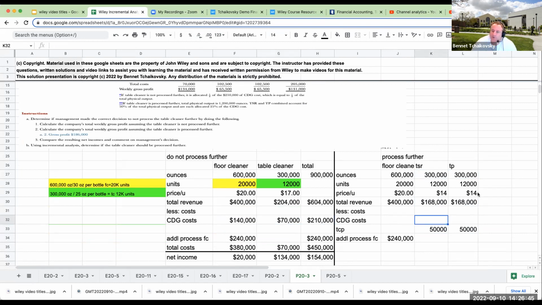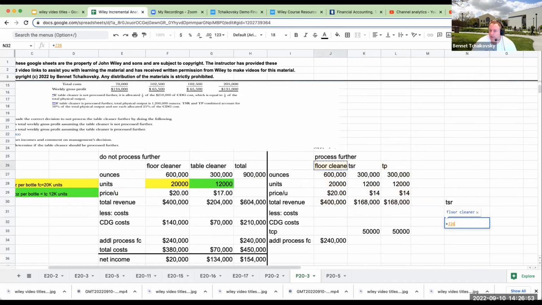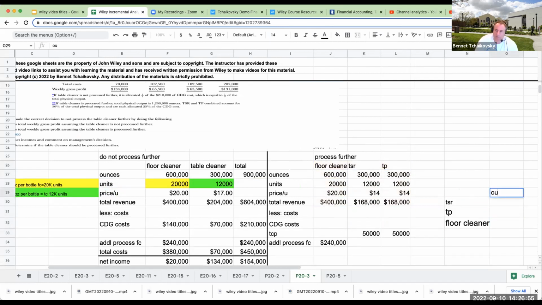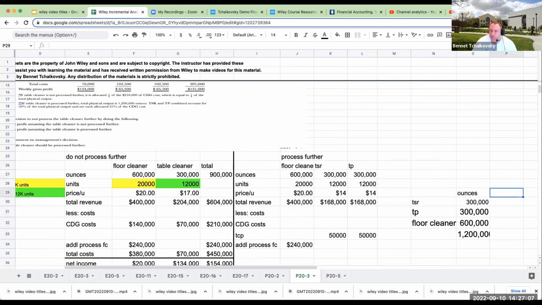What happens over here now is I've got TSR, TP, and I have floor cleaner. My ounces, this is going to be 300. This is going to be 300. And my floor cleaner over here. So now I've got a total of 1.2 million ounces.